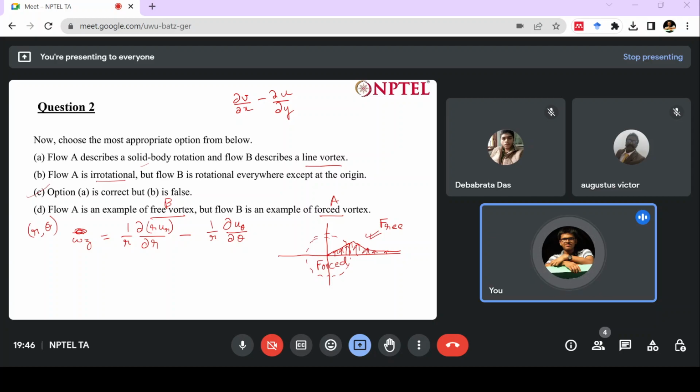So the r derivative will be of the theta component, and the x derivative will be of the R component. So make this correction. So UR is zero, so this portion will be zero, right?